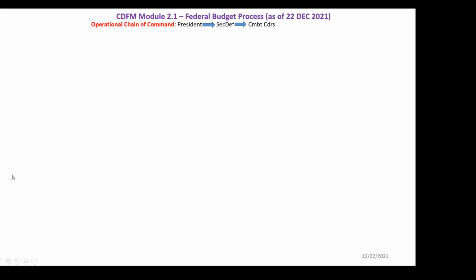All right, so operational chain of command. Remember, it runs from the president to the SecDef to the combatant commanders. As you're going through your studies, you want to keep that in the back of your mind, because when it comes to allocation of resources, the resources are triggered to meet the needs of the combatant commanders. Remember, the DOD mission is to support and defend the Constitution of the United States.